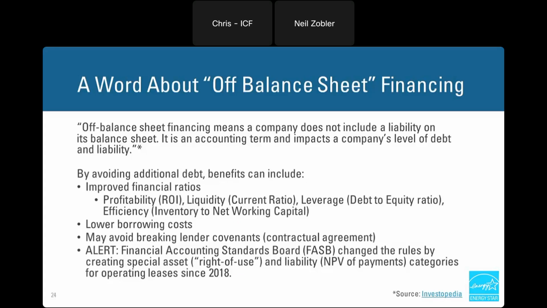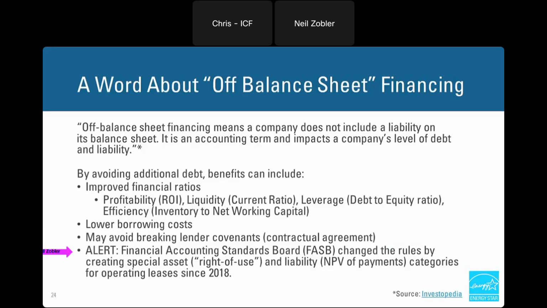From a practical perspective, if you avoid additional debt, you can improve your financial ratios. These are the things that the banks, if you have covenants, may be looking at: profitability, liquidity, leverage, efficiency, etc. But if you keep it off balance sheet, if you're looking at new borrowing, it could lower your borrowing cost, and it may avoid breaking lender covenants, as I had alluded to earlier.